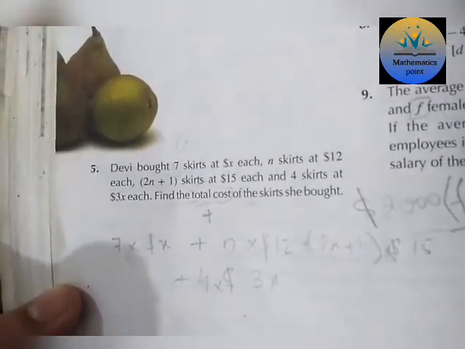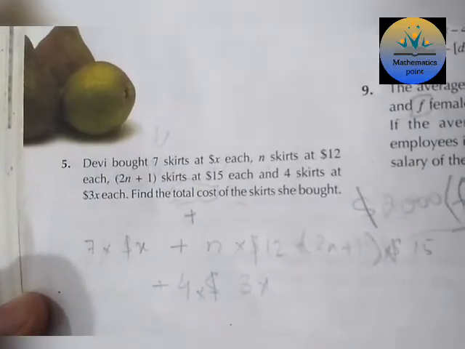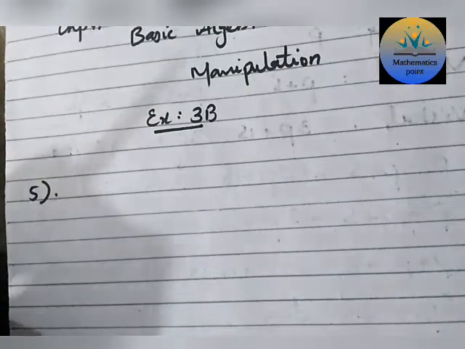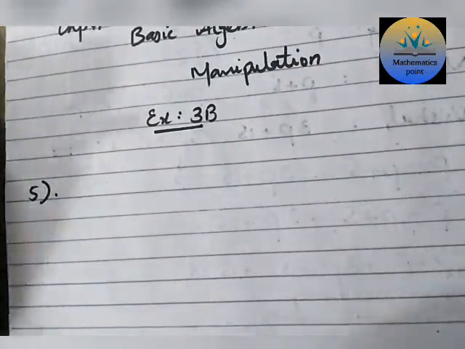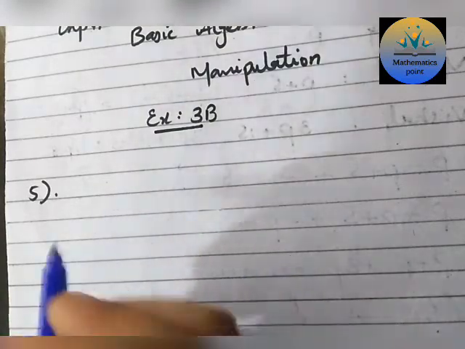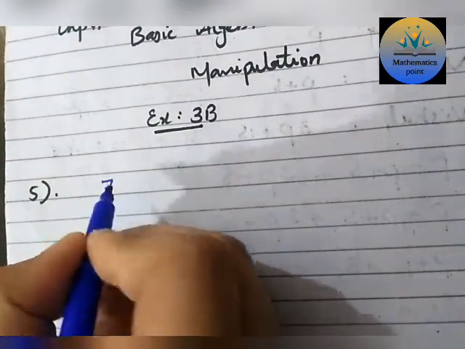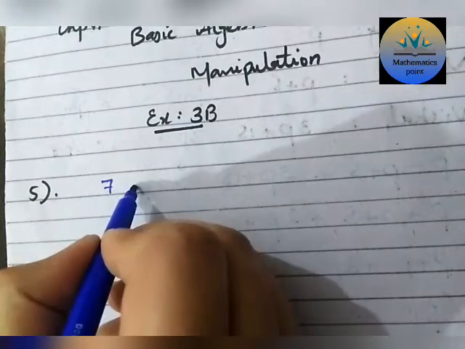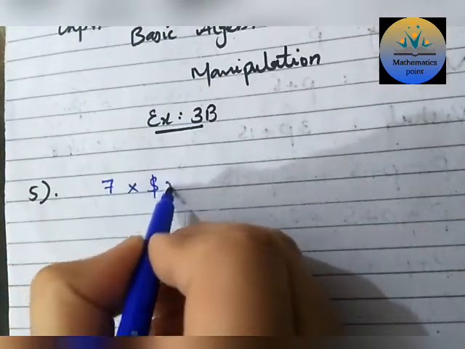Now on the paper I write down this final step. Devi bought 7 skirts at $X each. That means 7 multiplied by $X.